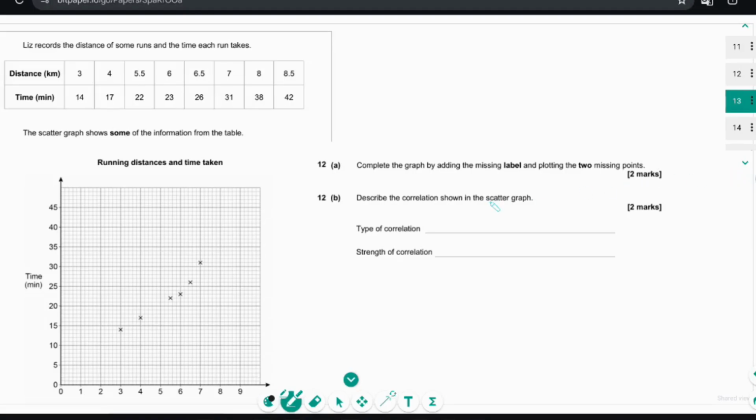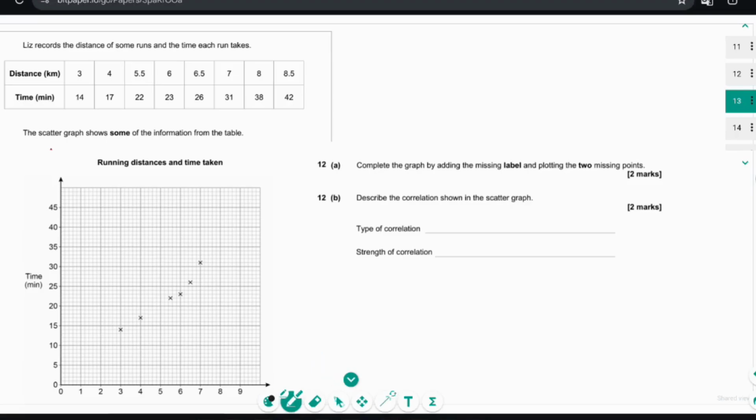Question 12. Liz records the distance of some runs and the time each run takes. The scatter graph shows some of the information from the table. Complete the graph by adding the missing label and plotting the 2 missing points.